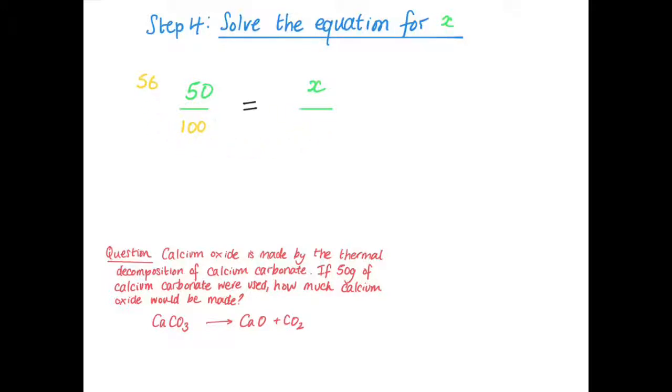So if we rewrite this, we'd have 56 times 50 divided by 100 equals x, so x equals 28. So that means that if you had 50 grams of calcium carbonate, you would get 28 grams of calcium oxide made.